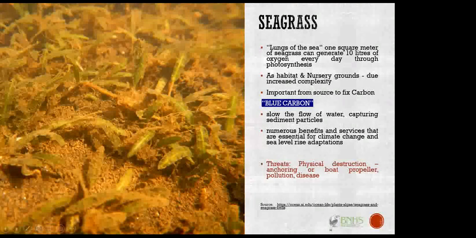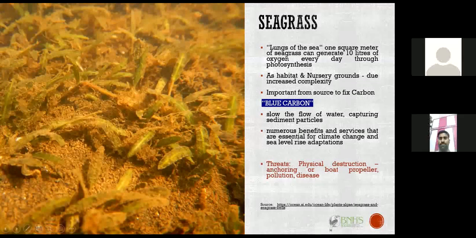The boat propeller or anchor simply inverts them from the substrate. So there is physical damage to the vegetation, or pollution, or some disease to this vegetation, which will obviously hamper their survival, population or growth.